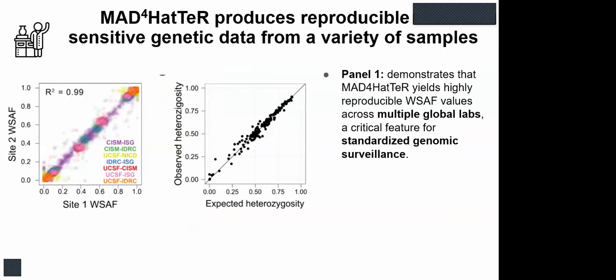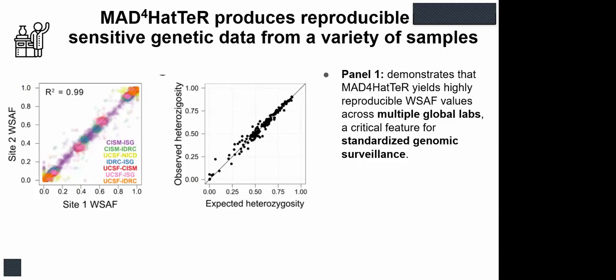There is the purple, which is ISGlobal in Spain. I think green is IDRC, Infectious Diseases Research Collaboration from Uganda. Yellow is NICD, the National Institute for Communicable Diseases from South Africa. Then blue is a mixture of samples from IDRC and ISGlobal. And then the others are mixtures of the different samples with those from University of California, San Francisco.